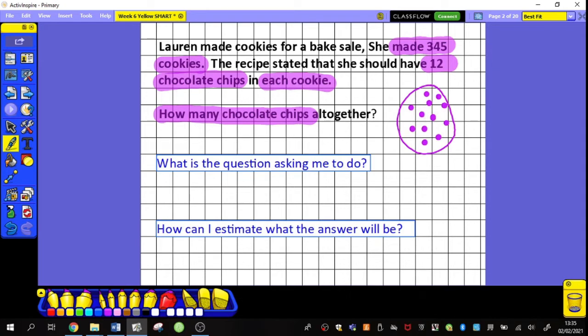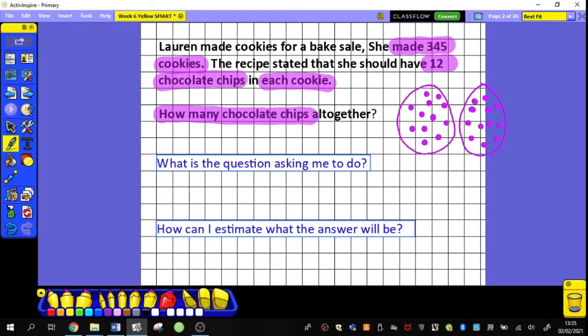If she made one cookie, then I would only have one lot of 12 chocolate chips, so it would be 12. If she made 2 cookies, then I would times 12 by 2 to see how many. There's another cookie. 1, 2, 3, 4, 5, 6, 7, 8, 9, 10, 11, 12.